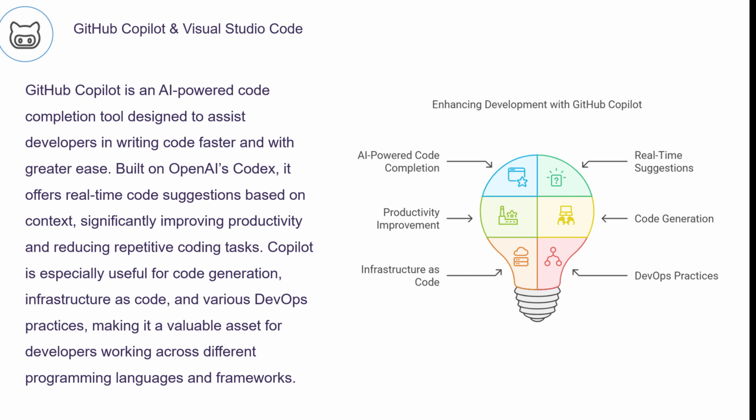Copilot today is especially useful for code generation, infrastructure as code, and various DevOps practices, making it a valuable asset for developers who work across different programming languages and frameworks.